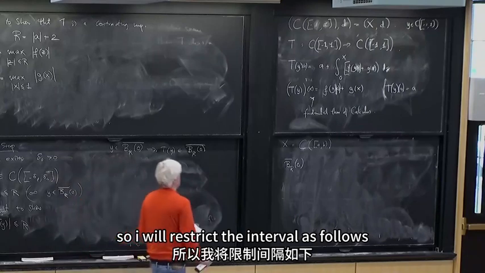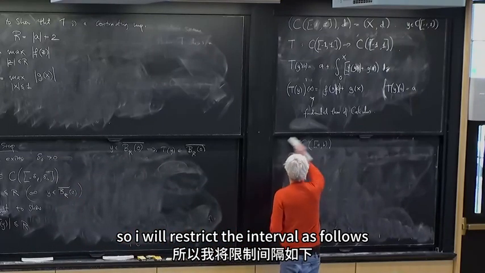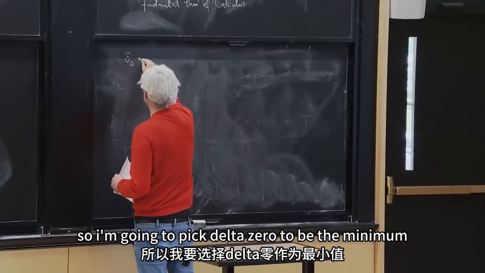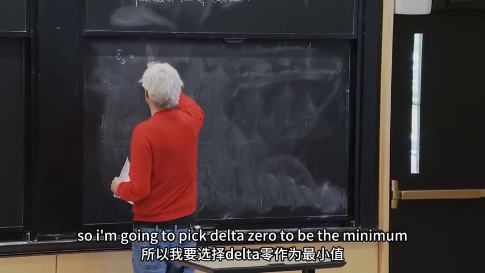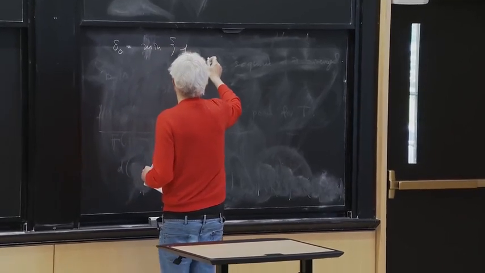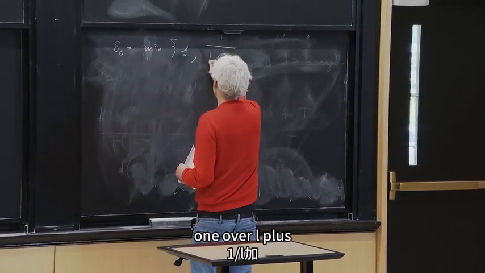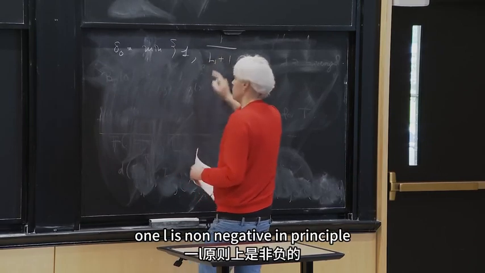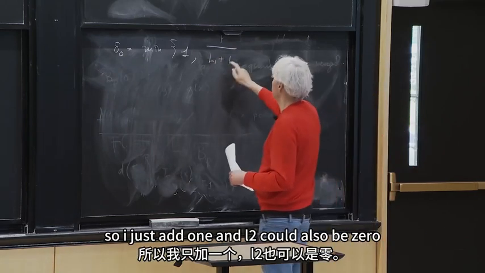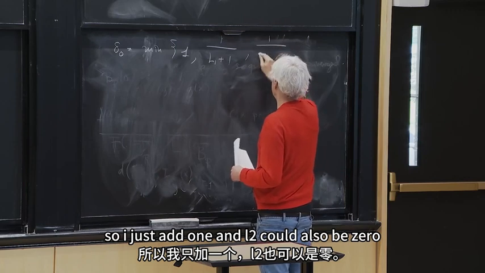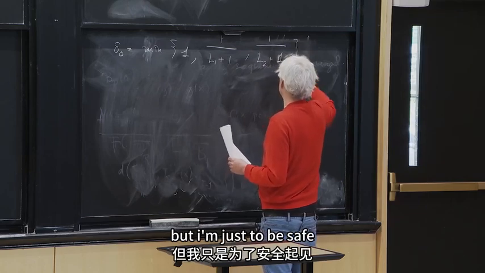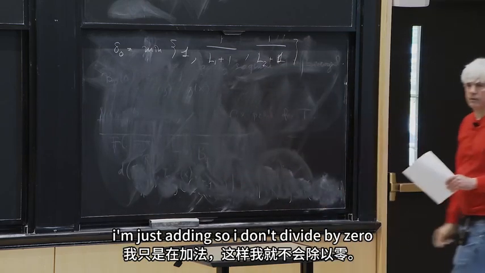So I will restrict the interval as follows. I'm going to pick delta 0 to be the minimum of 1 over L1 plus 1. L1 is non-negative. In principle, it could be 0. I don't want to worry about that, so I just add 1. And L2 could also be 0, although it's pretty unlikely that any of them are 0, but to be safe, I'm just adding 1 so I don't divide by 0.